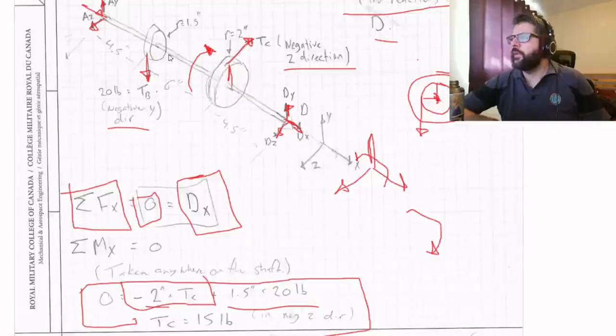The other one, we've got the 1.5 inches from here to here, and we've got the known amount of TB, the 20 pounds. That will be causing a counterclockwise rotation, so that'll be positive. And that just lets us solve relatively simply for TC. TC is going to be equal to 20 pounds times 1.5 divided by 2, which ends up being 15 pounds.